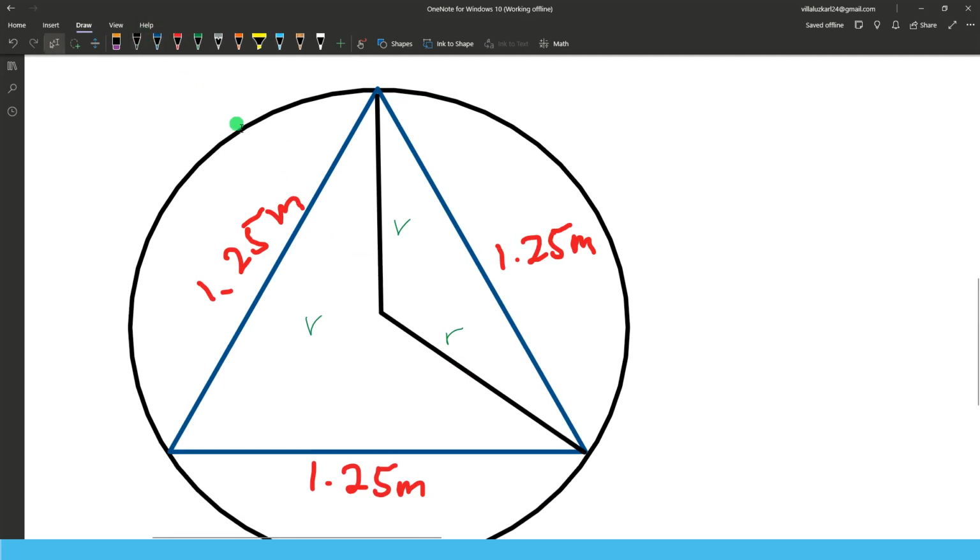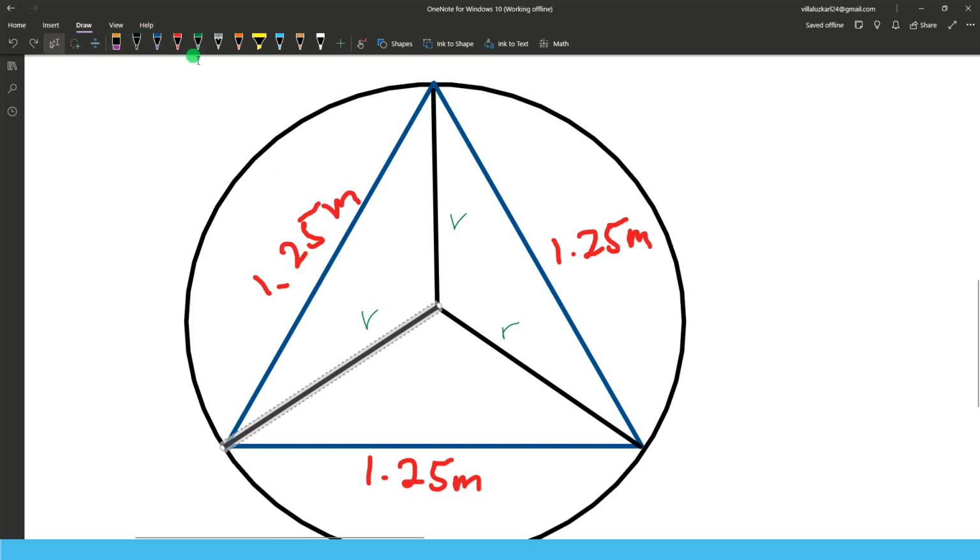Since this is an equilateral triangle, the central angles formed by dividing the triangle with the lines from the radius of the circle are also equal. This angle here, say theta, is equal here.